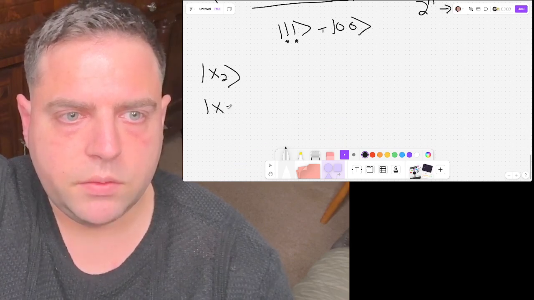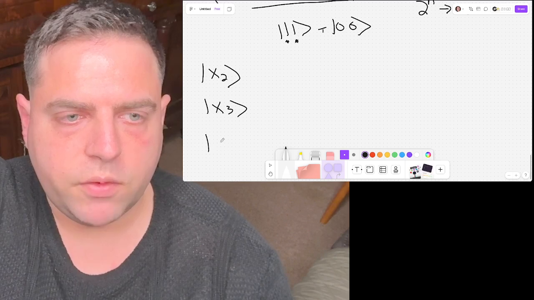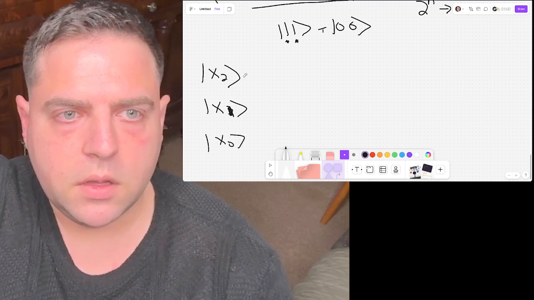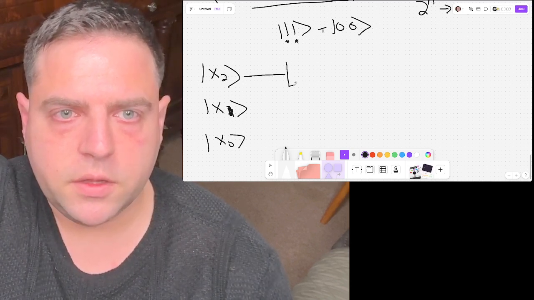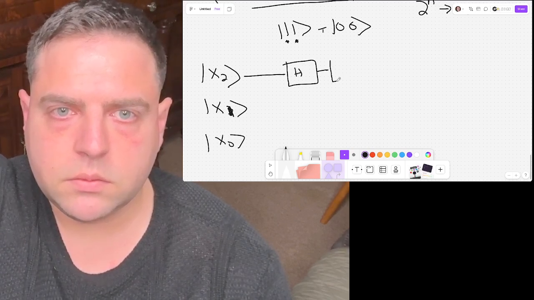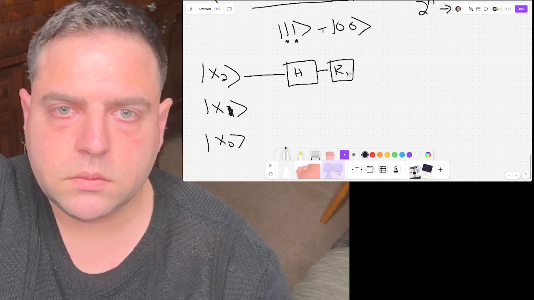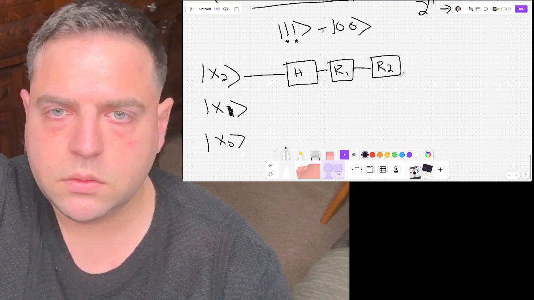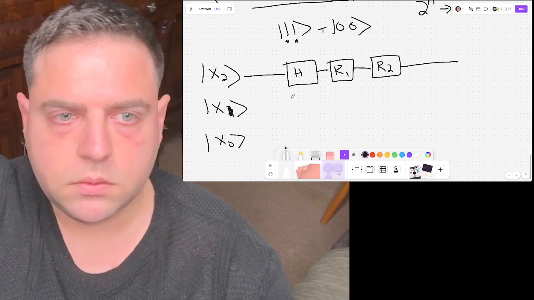Let's say these are the binary digits of our first basis x, x0. The circuit goes like this. Let's see if I can remember it. R2 output.